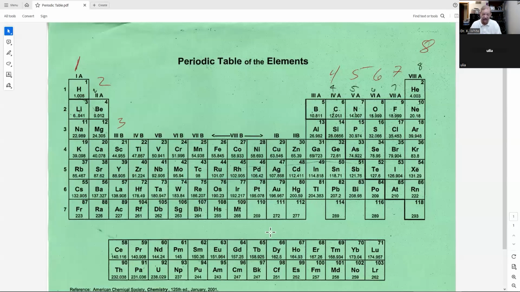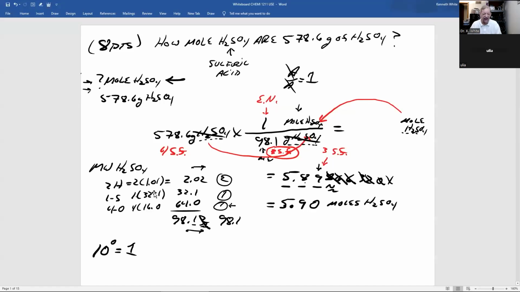I'll take off a point. And the molecular weight of sulfuric acid is the sum of 2 hydrogen, 1 sulfur, 4 oxygen, H2SO4, forgot the bracket there. Add them up, you get 98.1. Do the math, remember, round it off.